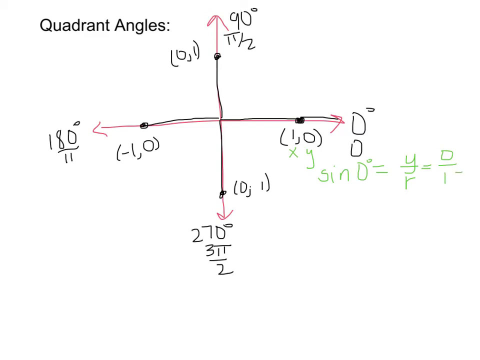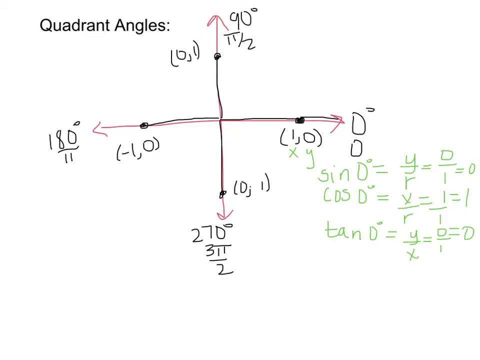So 0 over 1 is 0. Cosine of 0 will be x over r. And x now is 1, r is 1, so 1 divided by 1 is 1. And then tangent of 0 will be y over x, 0 over 1, which equals 0. And then I'm just going to go around the circle and do the other quadrant angles.